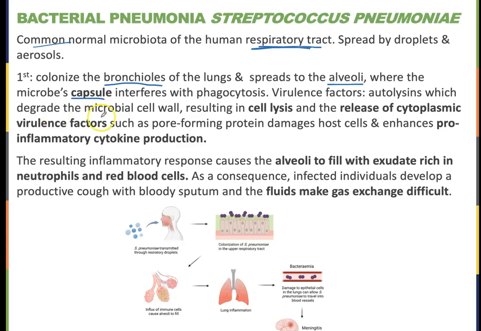So they actually degrade their own cell wall. When the cells lyse, they release all of the virulence factors that were inside Streptococcus pneumoniae. They can form pores and damage your own host cells, and it enhances inflammation and cytokine production.